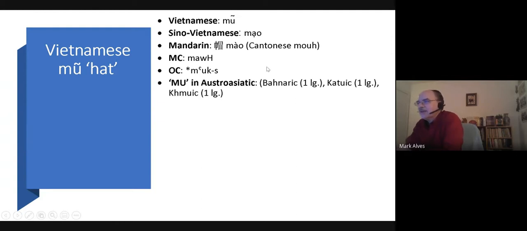What's that about? Now, in Austroasiatic, we do see mu like this approximately in just a few languages that are in Vietnam, Bahnarik, Hatuic, and Khmuic. It's either in Vietnam or maybe in Laos. Shoto reconstructs Proto-Austroasiatic muk for hat. Oh, wait a minute now. That looks a lot like the Old Chinese form, and I am quite certain that this is not from Proto-Austroasiatic and that this is a Chinese word originally.